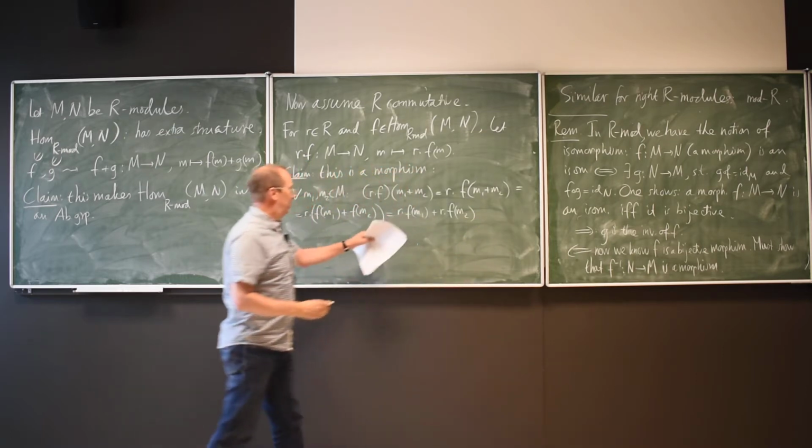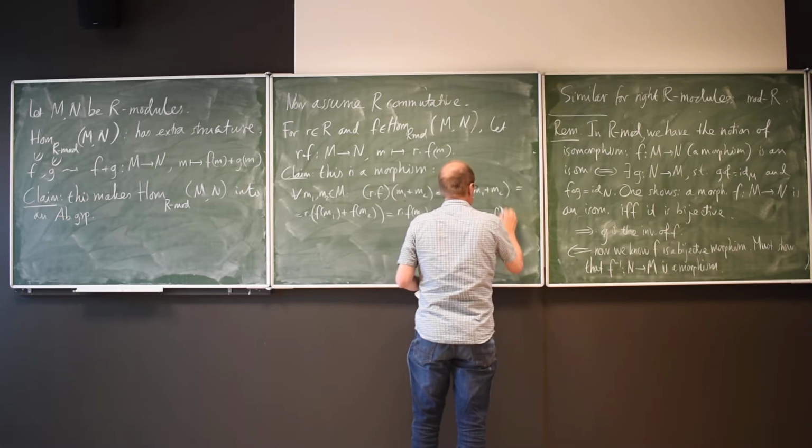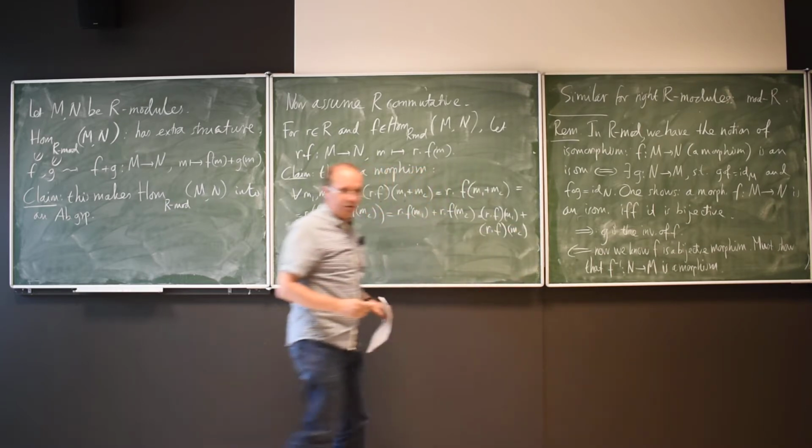And this, by the definition of R times F, is R times F of M1 plus R times F of M2. So that is okay.